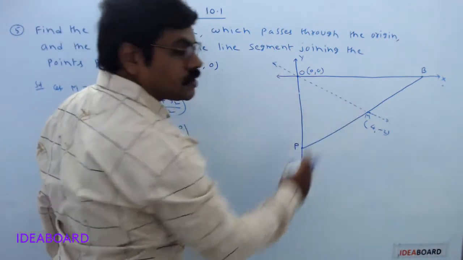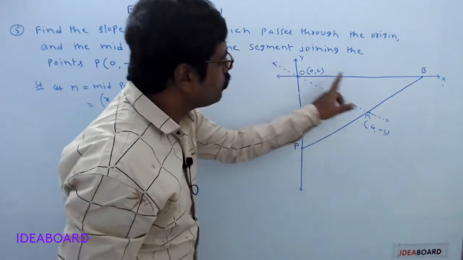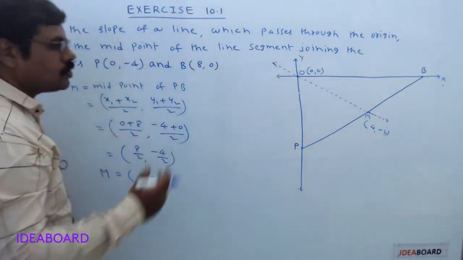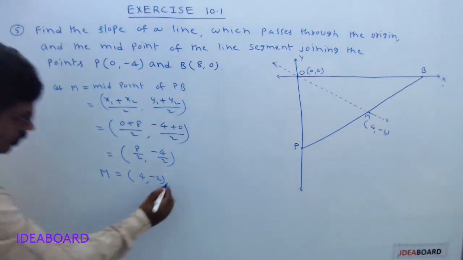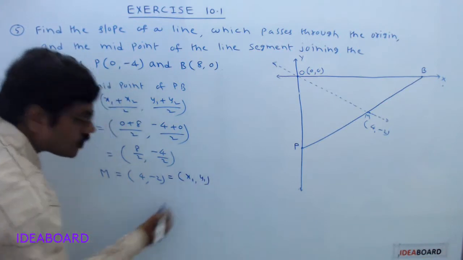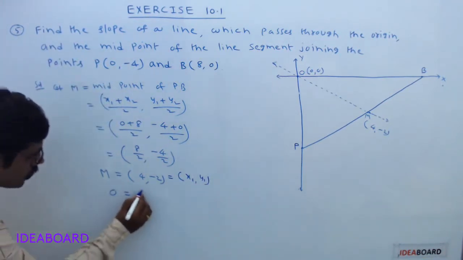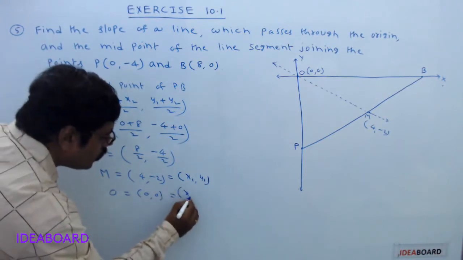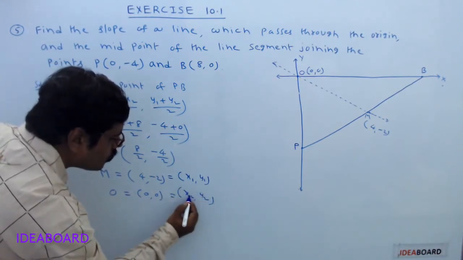So slope of this line is nothing but (y2 minus y1) divided by (x2 minus x1). Use that formula. Now consider this (4, -2) as x1, y1, and origin O equals (0, 0) denote with x2, y2.